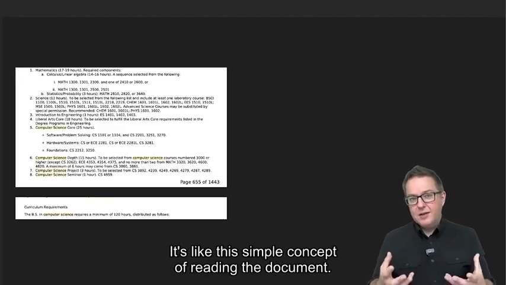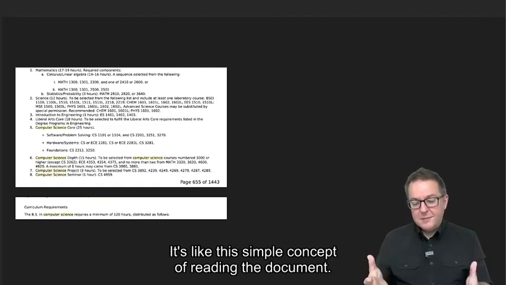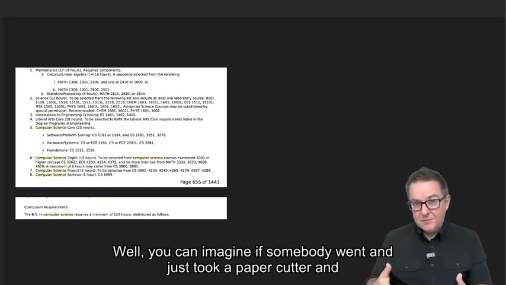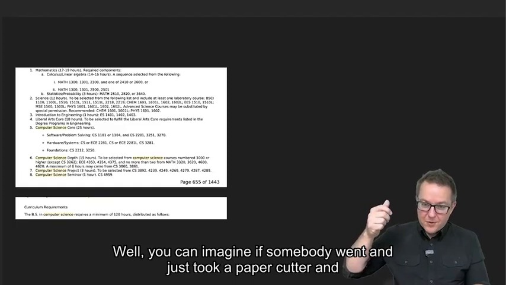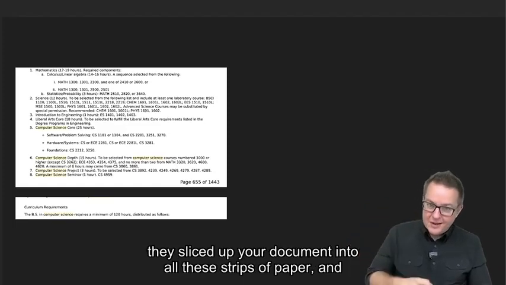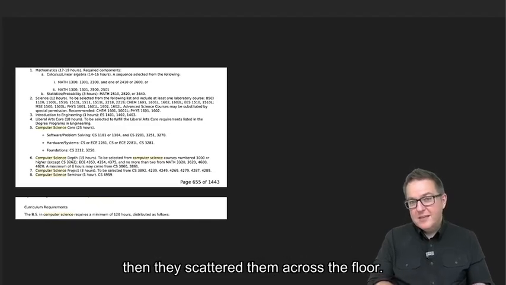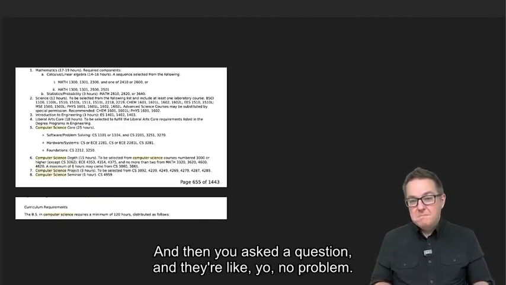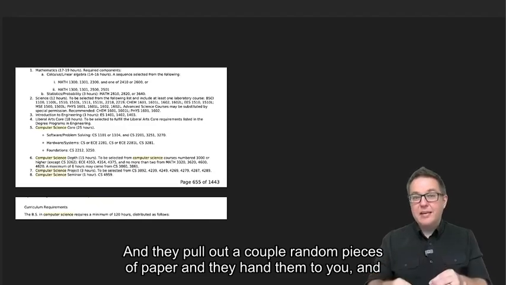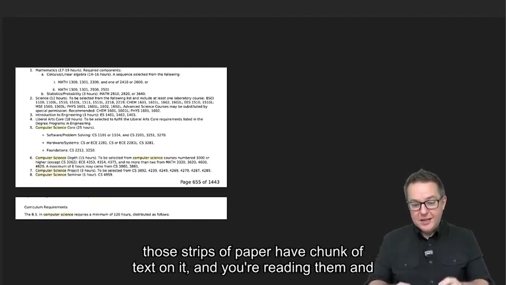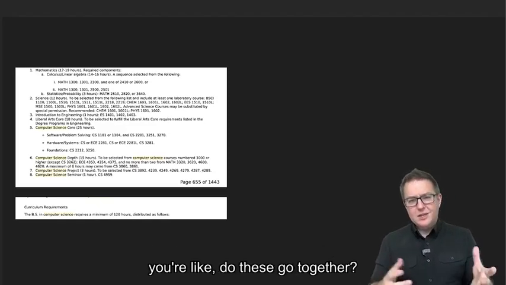It's like this simple concept of reading the document. You can imagine if somebody took a paper cutter and sliced up your document into all these strips of paper, and then scattered them across the floor, and then you asked a question and they're like, no problem. They pull out a couple of random pieces of paper and hand them to you. Those strips of paper have a chunk of text on them, and you're reading them and wondering, do these go together?